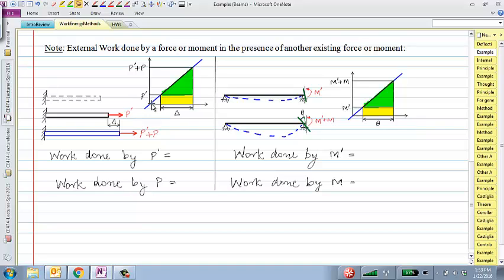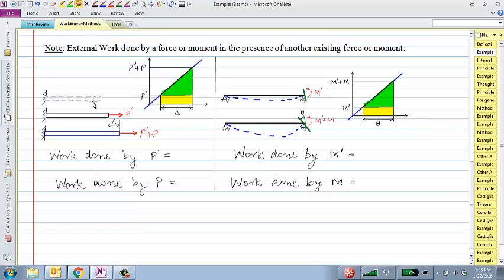Say I had to calculate the external work done by these two forces, P prime and P. So what I'm doing here is that I have this bar fixed on the left, and I'm applying P prime first. If I apply P prime first, it extends by a little bit. And then on top of that, I'm going to apply P. So total load would be P prime plus P.